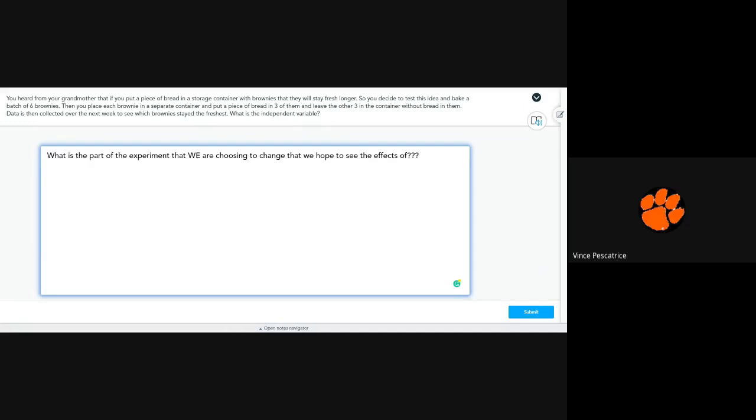So we've started with the hypothesis. We want to see how putting a piece of bread in a container affects the freshness of the brownies. So what are we doing to try to see the effects of?